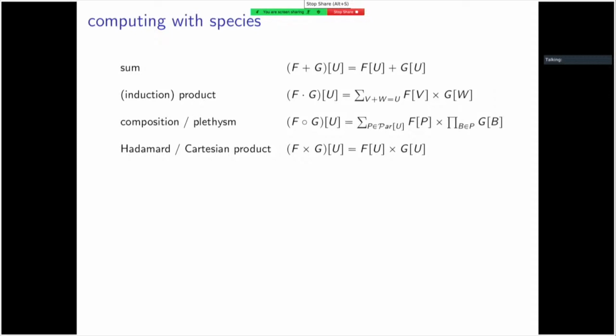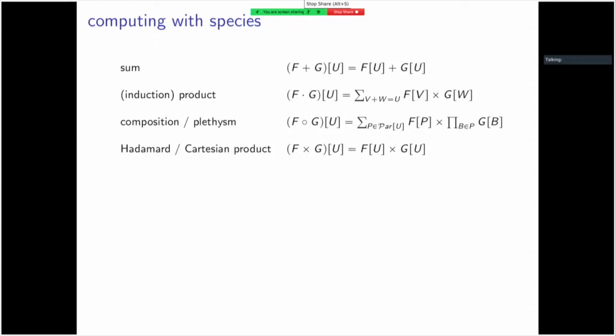You have your set of labels, and now you take a set partition of your set of labels, and on each block you put a G structure, so the inner structure, and on the set of blocks, which is also a set, you put the F structure. We will see an example. The natural language works well for this. So if you say F of G, it's what you would think it might be.